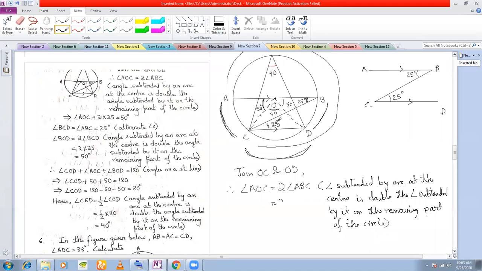So this is 2 into 25, which is 50 degree.